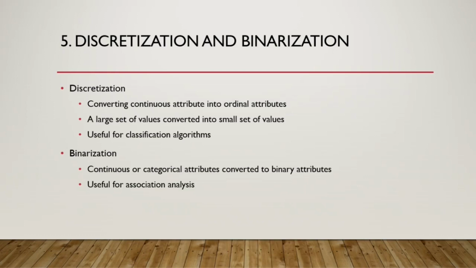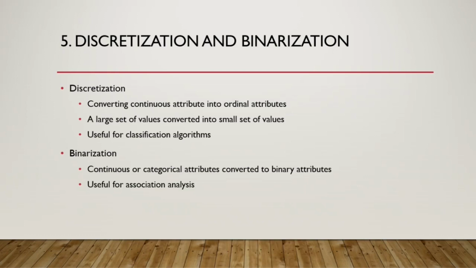Then comes binarization. What is binarization? Continuous or categorical attributes converted to binary attributes. You can say it is only a special type of discretization. So in discretization we said that the entire age group I can divide into 10 groups, right? 0 to 10, 10 to 20, 20 to 30, like that. Instead of doing that, I can say age less than 50 is one group, age greater than 50 is another group.